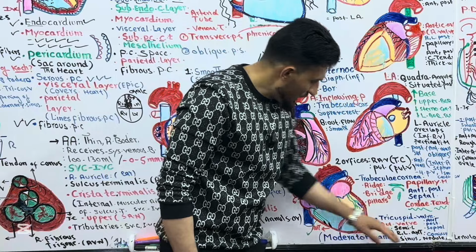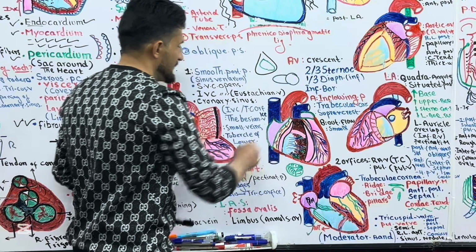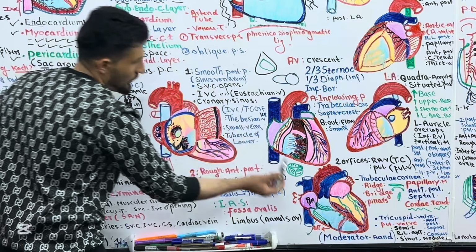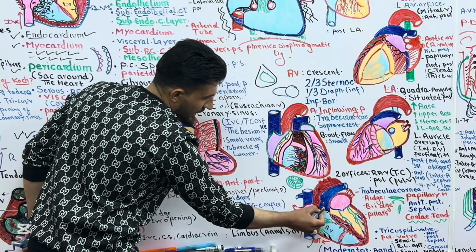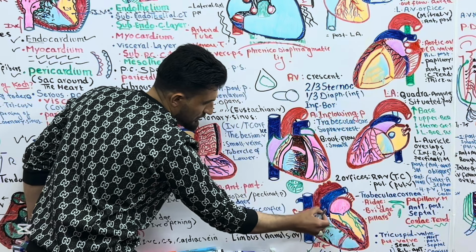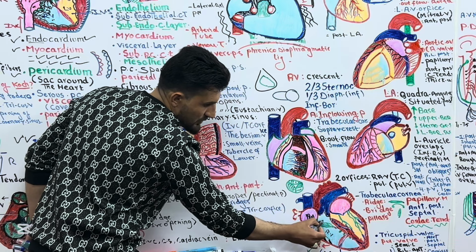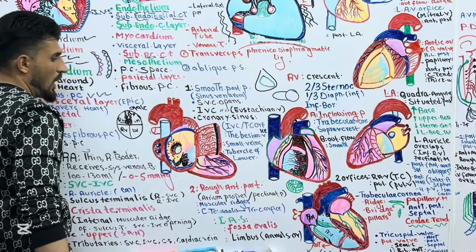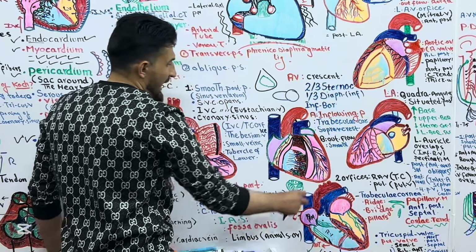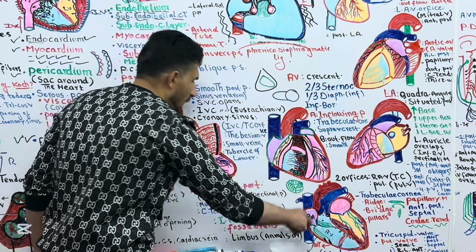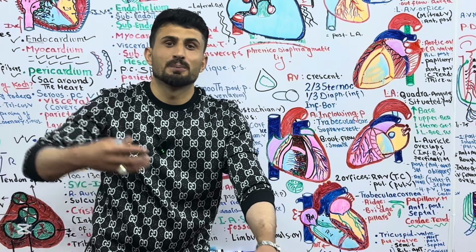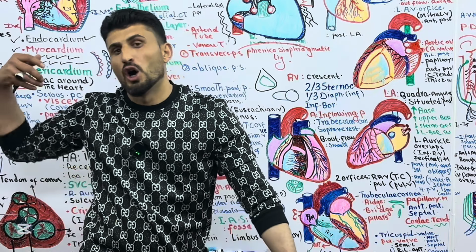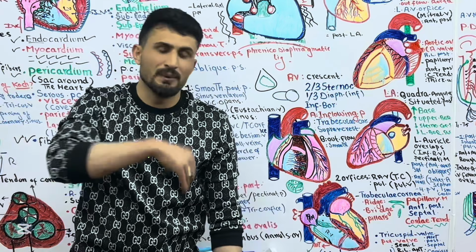About the pulmonary valve, for example, this is the right ventricle. So here we have a valve between the pulmonary artery and the right ventricle, which is called the pulmonary valve. An important function of a valve is to prevent backflow of the blood to the previous chamber.